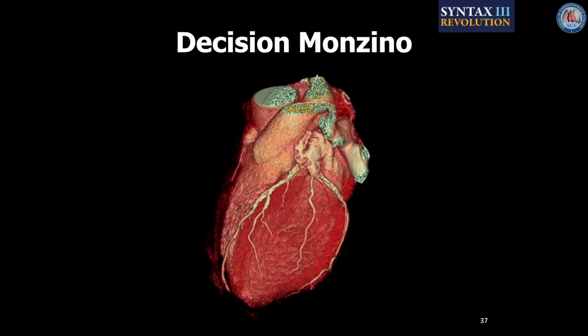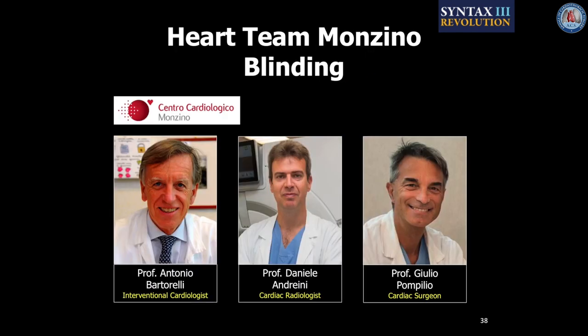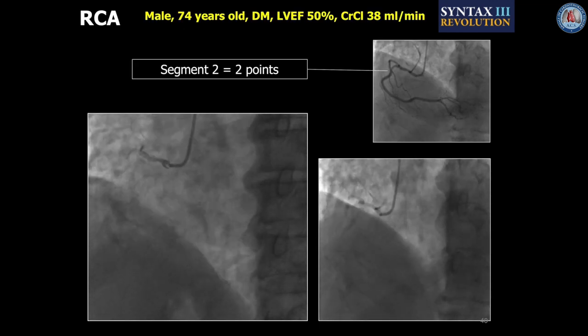And in Monzino, they decide to put one LIMA on the LAD and one saphenous vein graft on the obtuse marginal. Now, the group of Monzino this time is blinded for the conventional cine angiography that you are going to see in a minute.